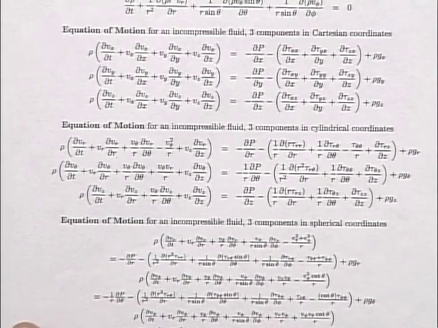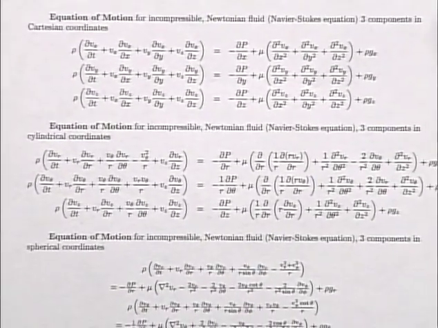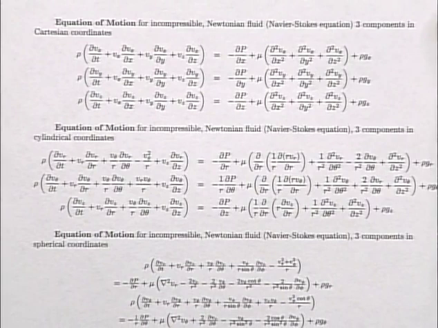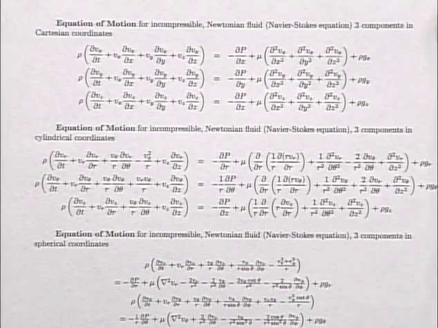It works for Newtonian, but we would always use the back side of the sheet because the back side has the momentum balance with the velocities already substituted in. Newton's law, tau equals minus mu times del V plus del V transpose, has already been substituted in. That's where these equations come from. They're the same as the front, but with the Newtonian constitutive equation substituted in.